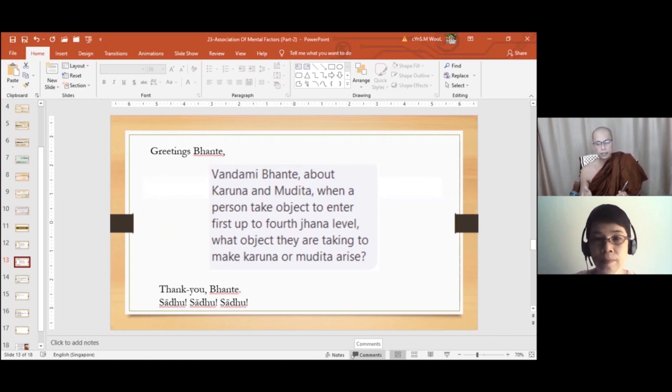It can be different. The jhana with karuna means the jhana is developed focusing on beings. Beings with suffering, focusing on those beings, the development of karuna can lead the concentration up to the jhana level.